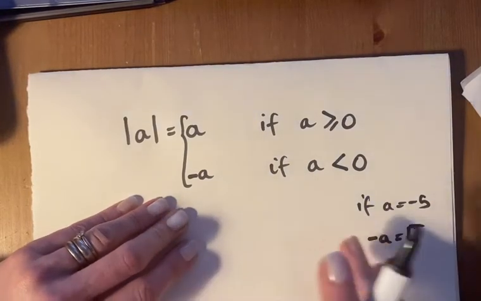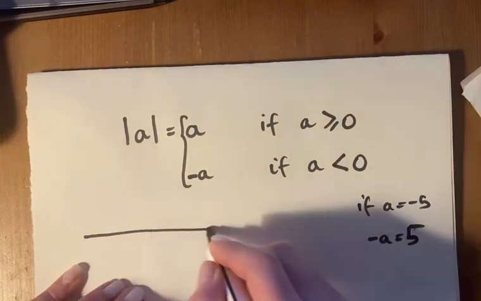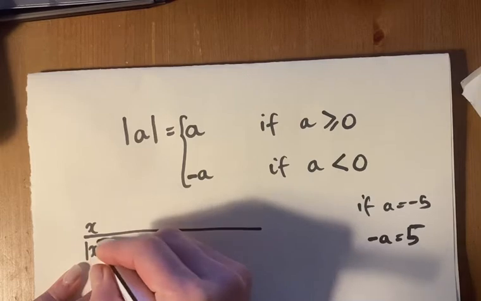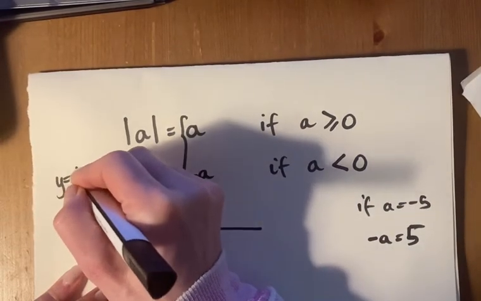In terms of sketching, if you draw a table of a few values like I did on the PowerPoint, let's try and plot this graph. We are talking about modulus of x.